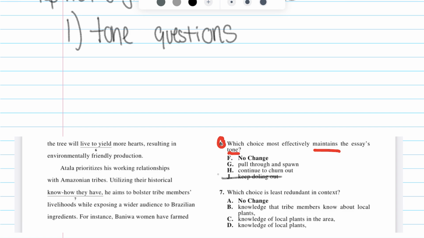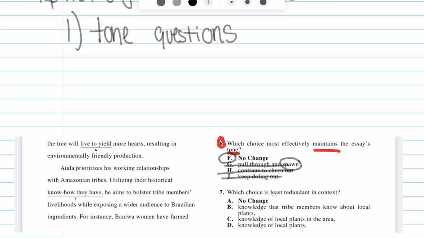This is a college entrance test. Continue to churn out is another really clunky way. And then pull through and spawn, G, is what most students choose, but if you don't know what the word spawn means, it's hatching. You don't really want the tree to hatch hearts. So the answer on number 6 is going to be F.